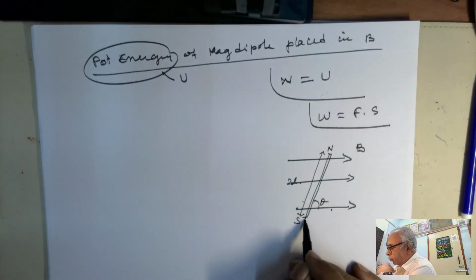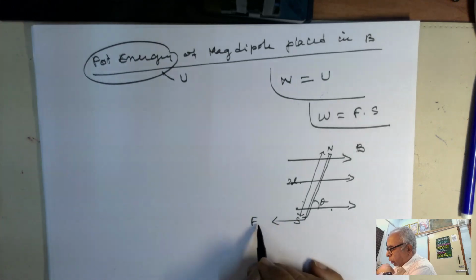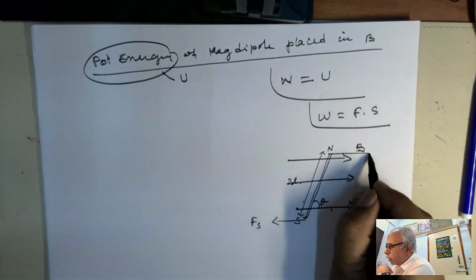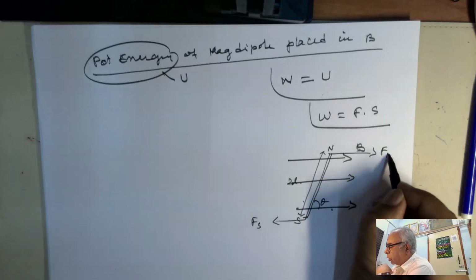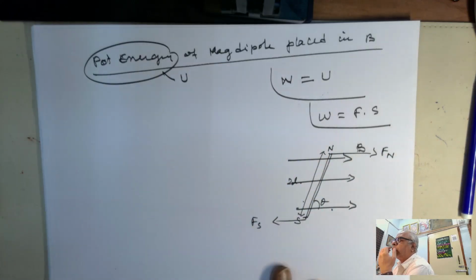Here the force is due to the south pole, and this one is the force due to the north pole. They are equal and opposite. That is why twisting takes place.